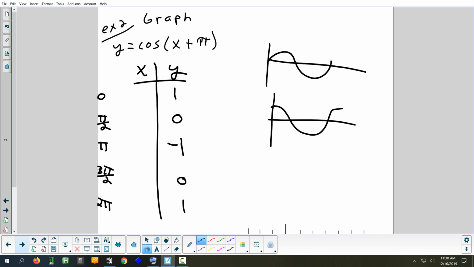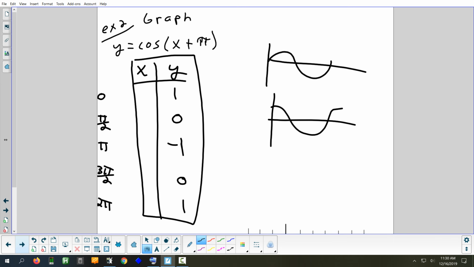You need them, but they're not the final answer. I'm going to put my final answers in the box. What am I going to do to all those x values? Subtract pi. We want them to all move to the left. The only way they can move left is if you make them smaller. Minus pi, pi, pi.